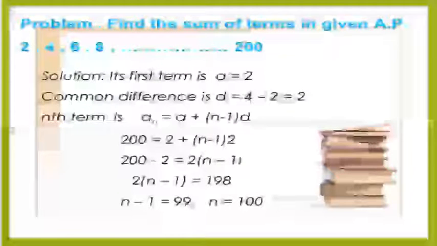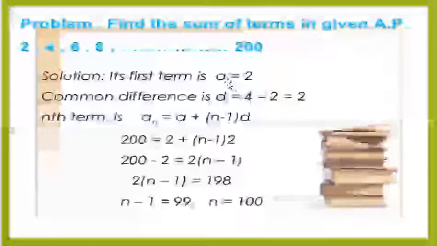Now next, another problem is also given for you. Find the sum of terms in the given AP 2, 4, 6, 8, up to 200. Solution. Its first term is a equal to 2. Common difference is d equal to 4 minus 2 equal to 2.